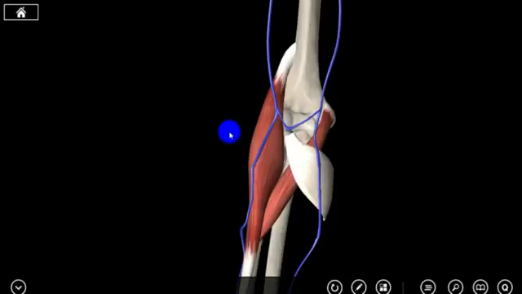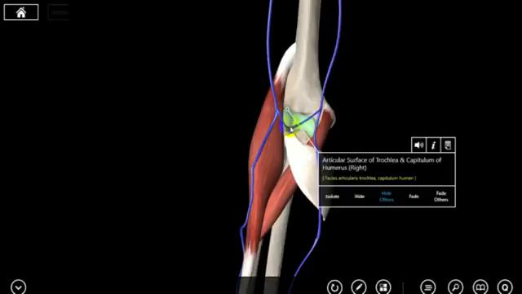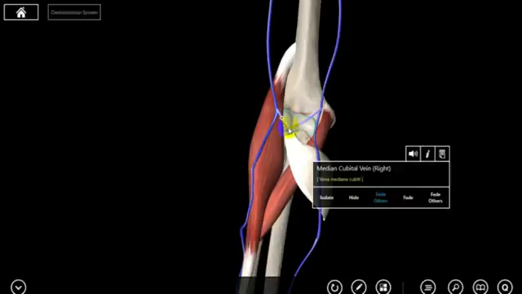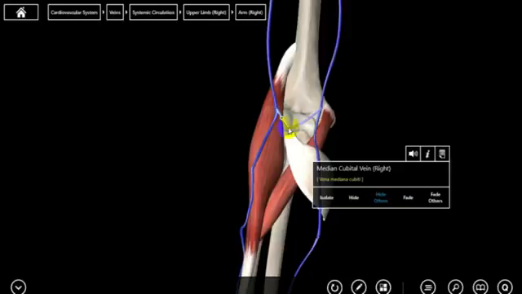The roof of the cubital fossa is made up of, first of all, the skin when you are looking at the roof. Then after the skin, you get the superficial fascia. In the superficial fascia, you find a very important structure known as the median cubital vein.